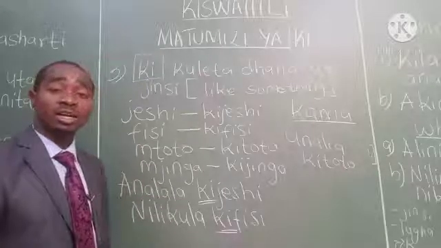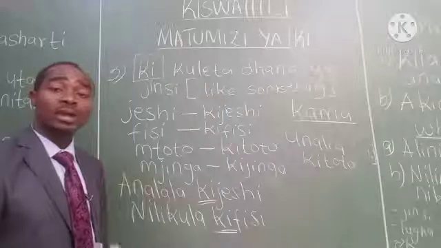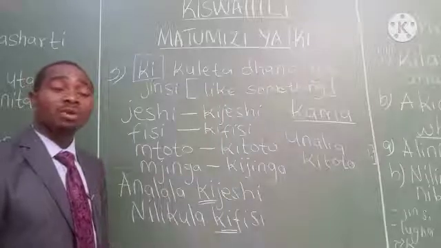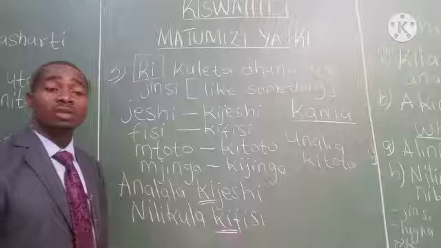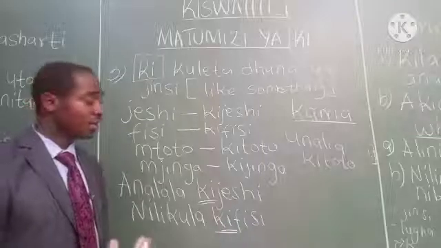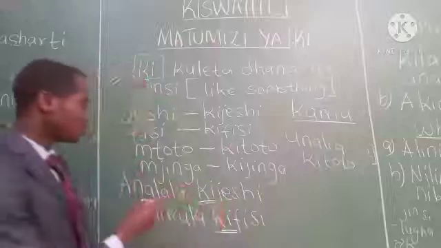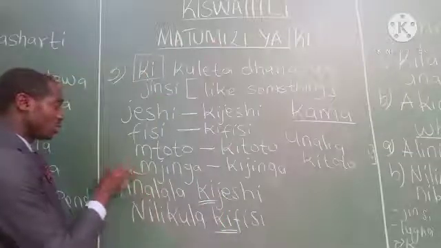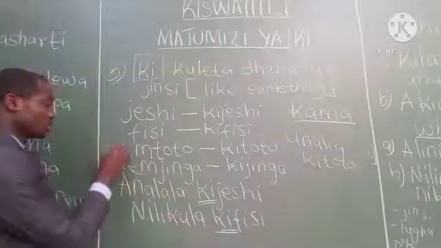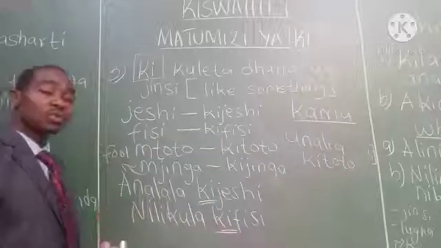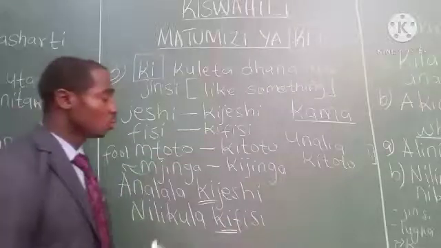Mjinga, kijinga. Alizungumza kijinga. He spoke like a fool. Kijinga. Mjinga is someone who is a fool. Zungumza is to talk.